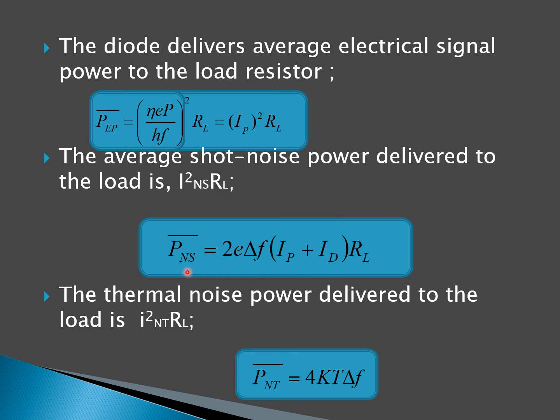So that's how you get the shot noise power. And the thermal noise power delivered to the load is also given by I squared R_L. The thermal noise I squared times R_L we can rewrite as 4 kT delta F. So that is the thermal noise power.